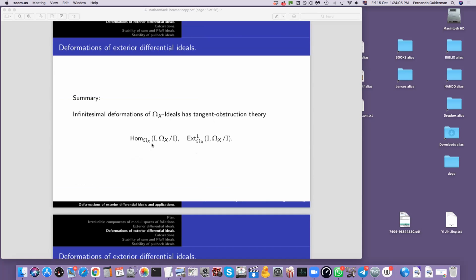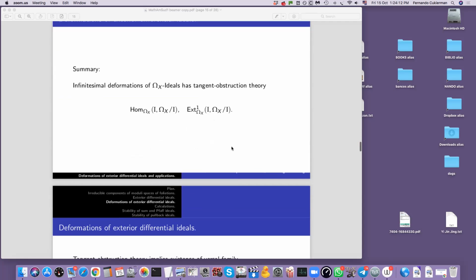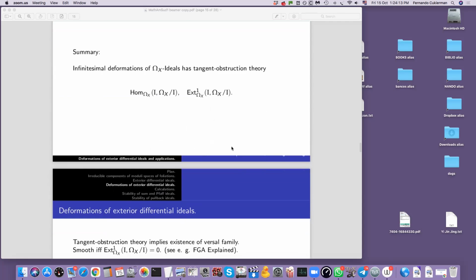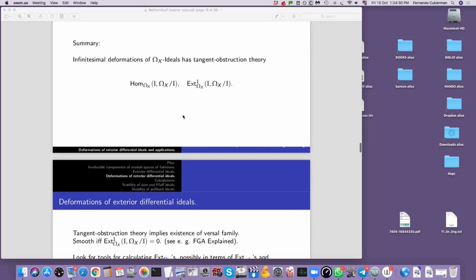So the tangent is this, and the obstruction is this. This basically fits into the Schlesinger theory of Artin rings. This example is another example of the deformation theory of that kind.